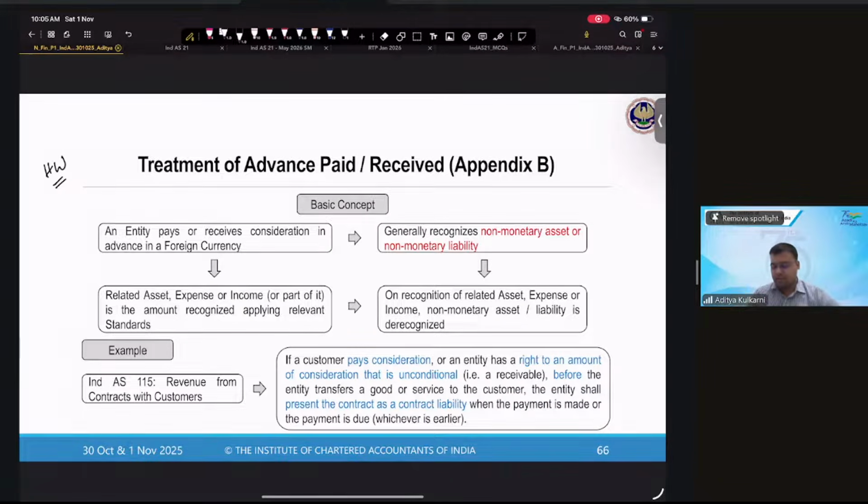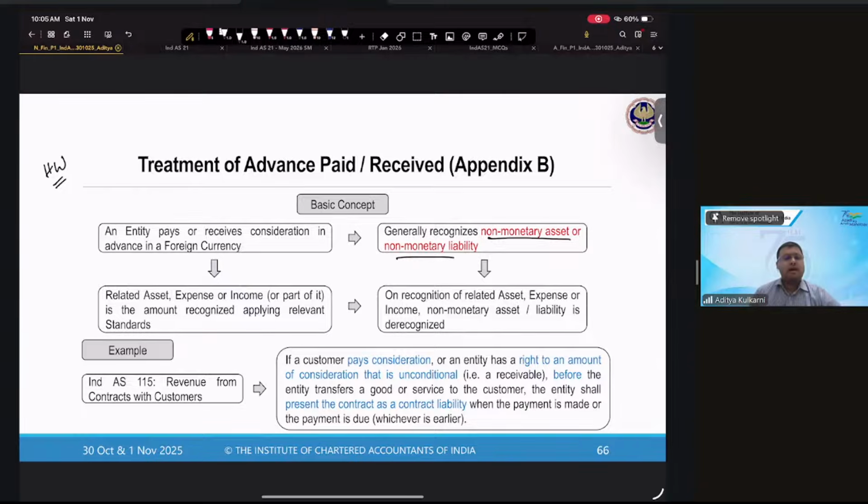Advance is generally a non-monetary item. Why? Because it is not a determinable amount of money. It is a service that is going to be rendered or goods that are going to be sent.